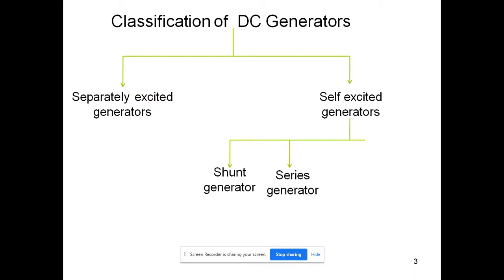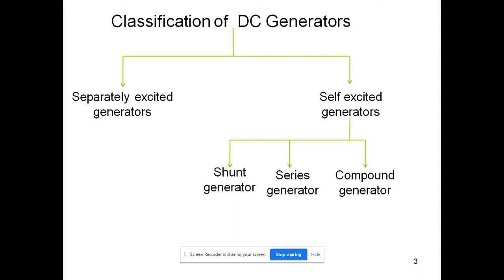And the next one is series generators. In this type of generators, the armature, field, and load, all the three are connected in series. If all the three are connected in series, then such generators are called as series generators. And the next one is compound generators.